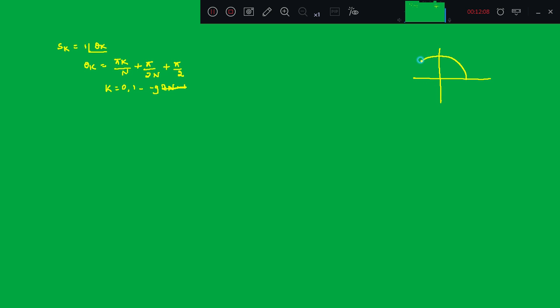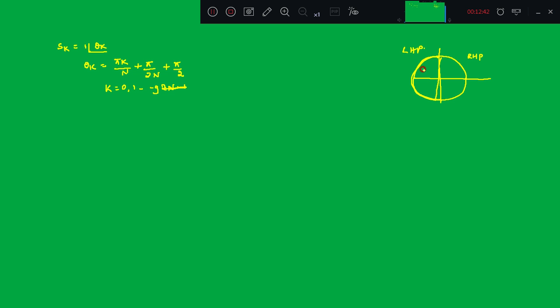So this is the right half of the plane, and this part is the left half of the plane. You have to consider only the left half of the plane, not the right half. So whatever poles lie on the left half of the unit circle, you have to consider only those to find the transfer function, right?